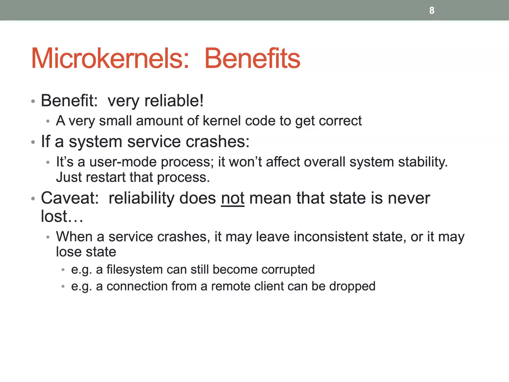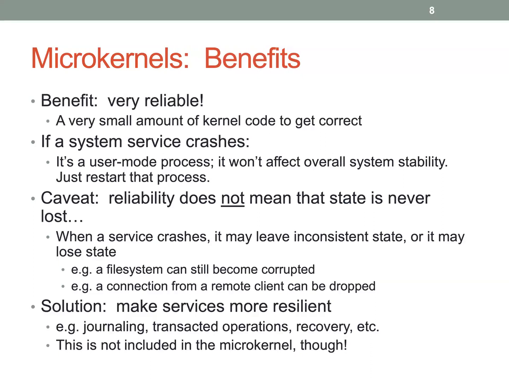There is a major caveat, which is that when processes fail, it doesn't mean that state doesn't get mangled. And this is particularly true if you have a file system or persistent storage. If a process crashes in the middle of interacting with the file system, there may still be corruption. And so there are other techniques that you would have to employ to make sure that a crashing file system process doesn't actually corrupt the storage.